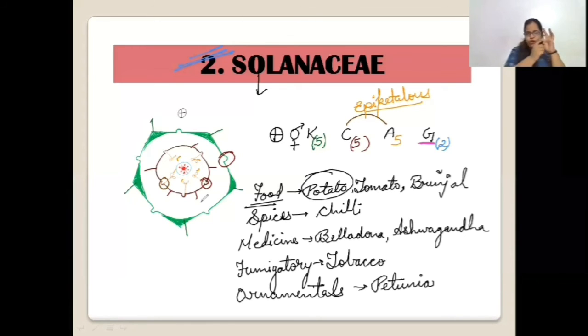So we are done with floral formula, floral diagram and examples. That's all we were supposed to study. I'm not giving you anything tough. I'll just show you some pictures so that you can recall them if they are asked in the exams. So here we have got some pictures.